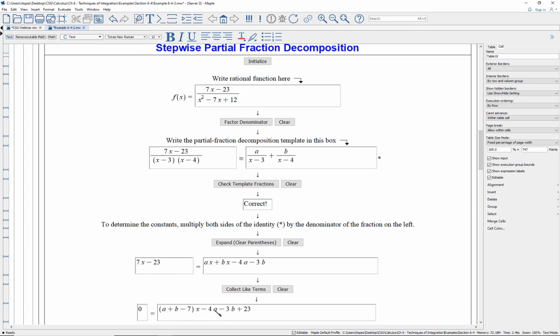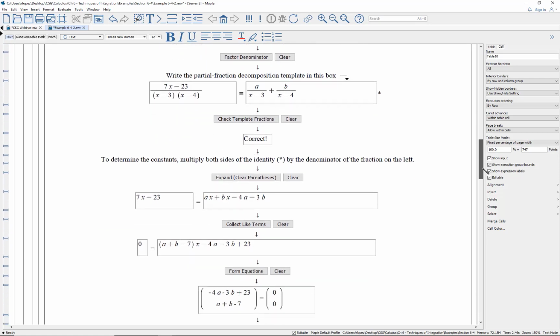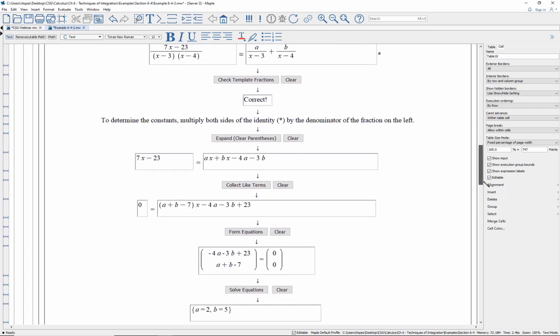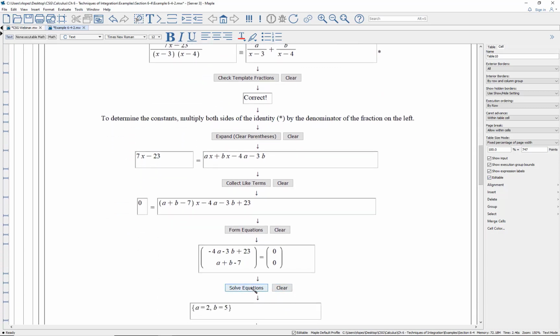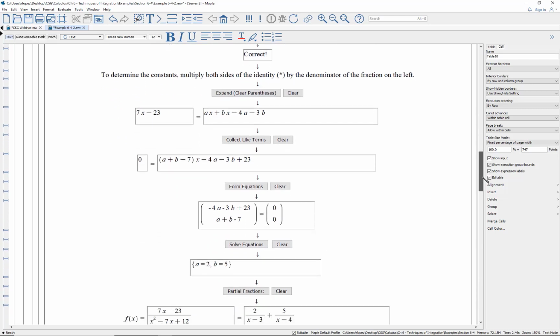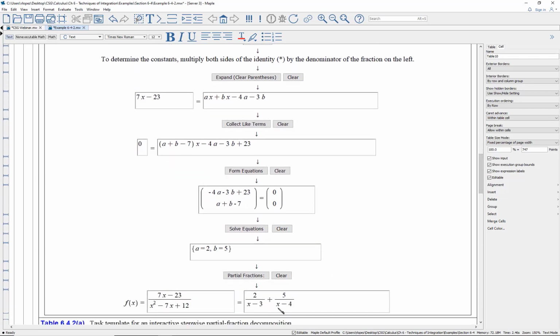This is the stuff that multiplies x to the 0, a constant term. Each of these expressions has to be 0 because the left-hand side is 0. That's how you get your equations, two equations and two unknowns. You solve those equations. This button will do that for you. You get the 2 and the 5. And now you have the decomposition.